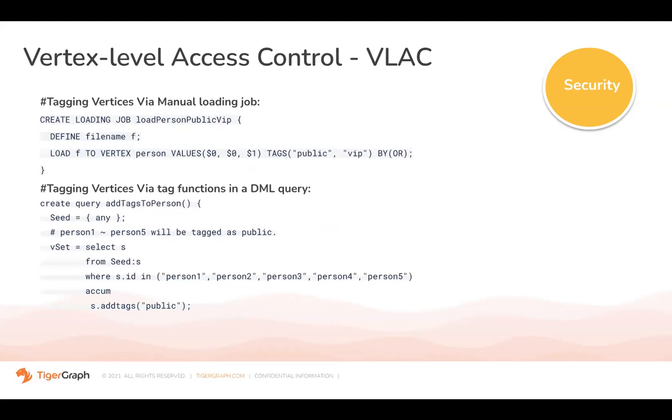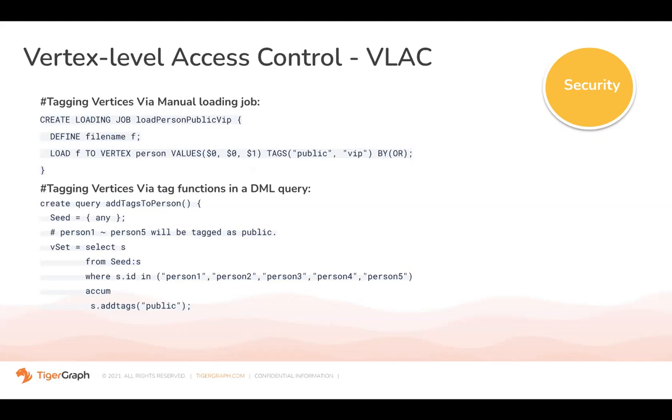From the manual loading job perspective, like I said, we have changed the syntax of the loading job to add two keywords: one is tags, that defines what the tags are, and then a second keyword called by, which depicts the behavior. Do you want the new tags to be added to the existing tags on the vertices, or do you want to override them?